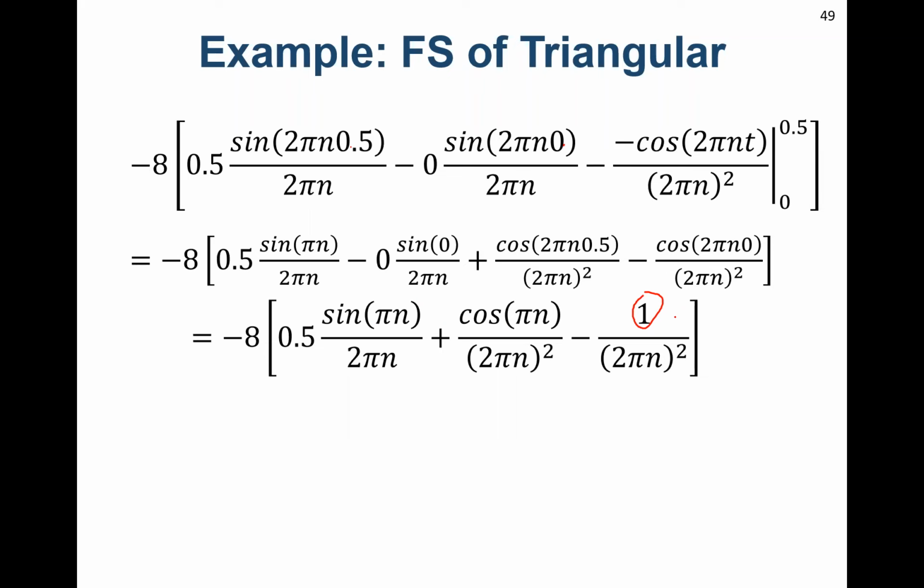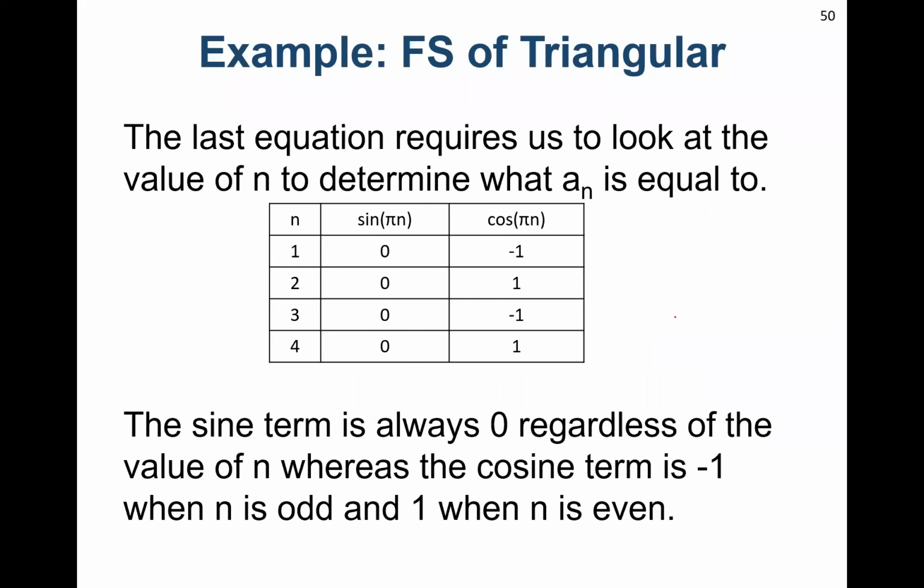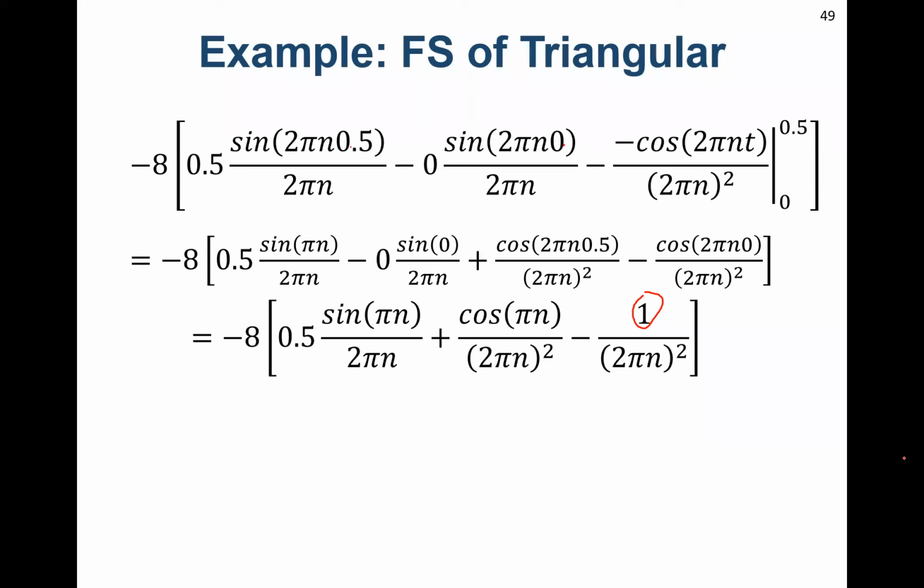All right, so now I got a bunch of n terms in here and a bunch of different things. So I'm going to set up a table. And this is, again, a recommendation just so that you can hopefully see it a little bit easier. I want to set up a value of n and see what happens to my sine of pi n and my cosine of pi n. Because if you notice over here, I have a sine of pi n and a cosine of pi n.